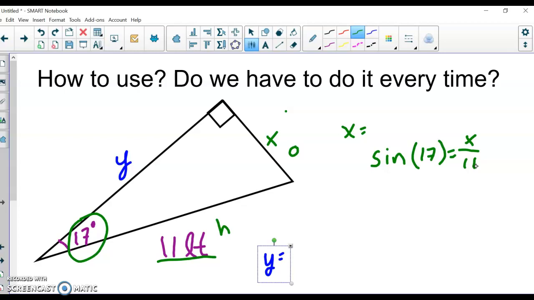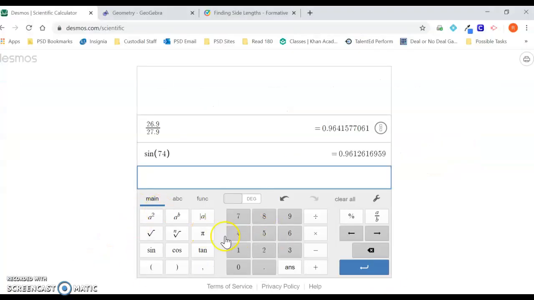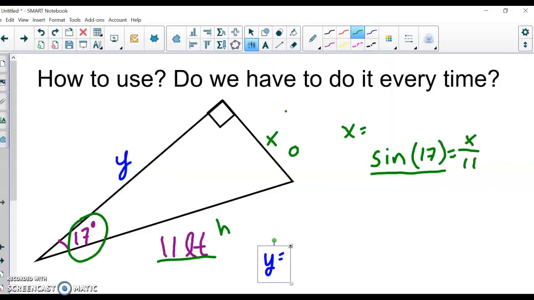This looks crazy, but it's just a number. If I go into decimals, I can type in sine of 17, and it gives me a number. But I want to solve for x, so I'm going to focus on this ratio over here.